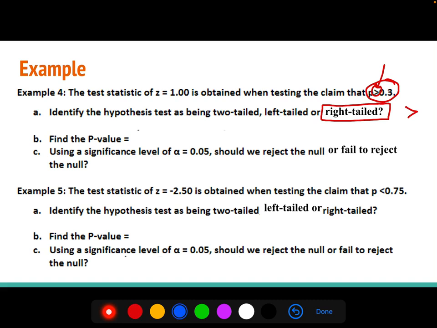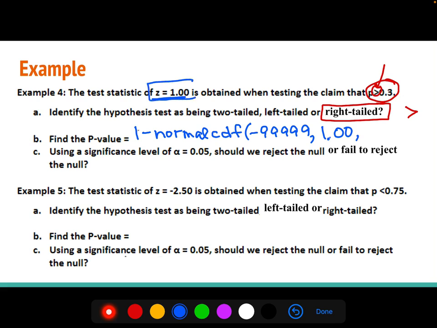Okay. Now we're going to find the p-value. This is what you would use in your calculator. Since it's on the right, and this is a Z statistic, we're going to use 1 minus the normal cumulative distribution. And remember, we always put in a small number, because that's how our calculators work.